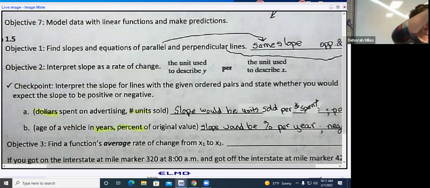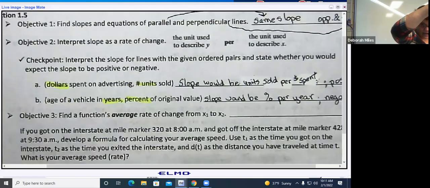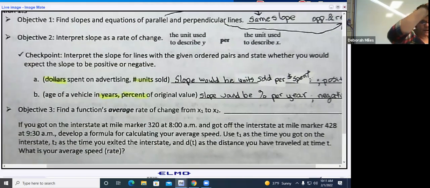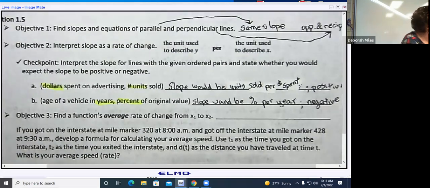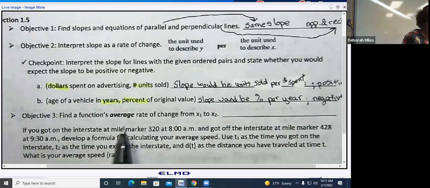All right, the last thing in 1.5 is very fundamental in calculus. And again, we're not doing calculus, but we're starting to talk about some concepts that you'll see in calculus. In algebra, we can determine an average rate of change between 2 points.